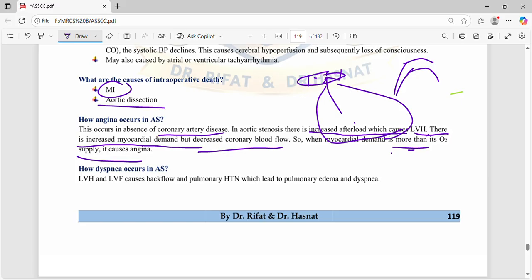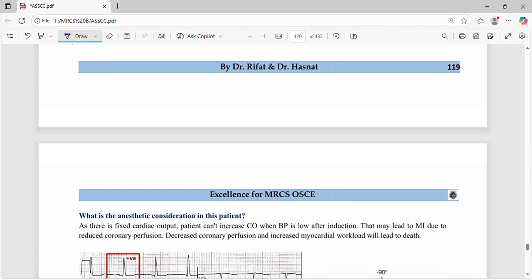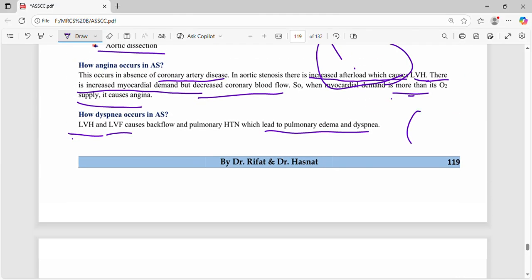How does dyspnea occur in aortic stenosis? Left ventricular hypertrophy and left ventricular failure cause backflow and pulmonary hypertension, which lead to pulmonary edema and dyspnea. There will be back pressure, because this is your left atrium, this is your enlarged left ventricle, and this is your high afterload, the stenosed aortic valve.